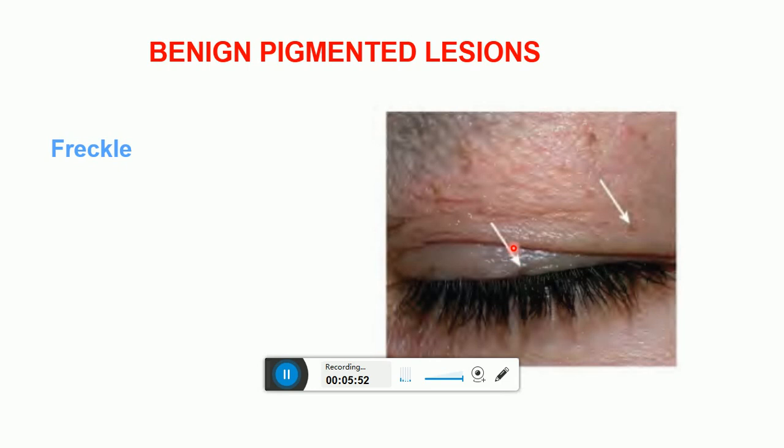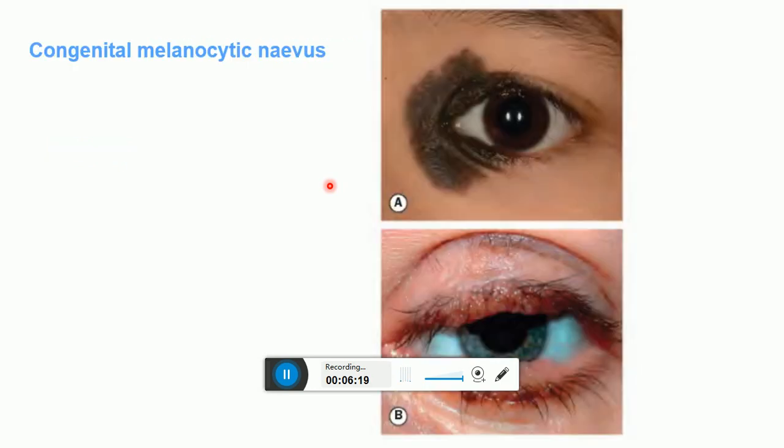Typically found in sun-exposed skin. The number of freckles varies with the level of sun exposure, and it can sometimes regress completely. Histopathology shows hyperpigmentation in the basal layer of the epidermis with normal melanocyte population. So there is normal melanocyte population.